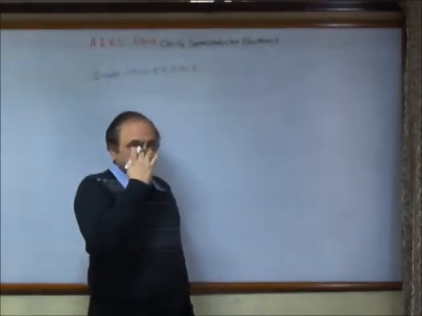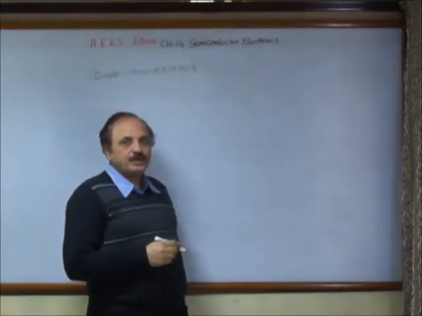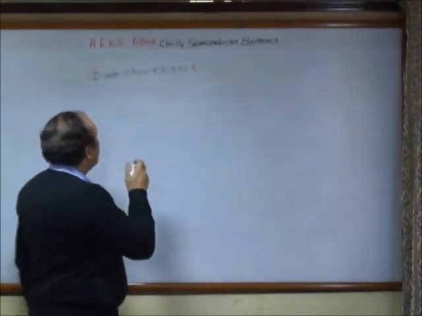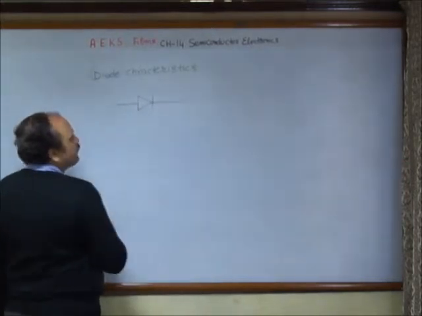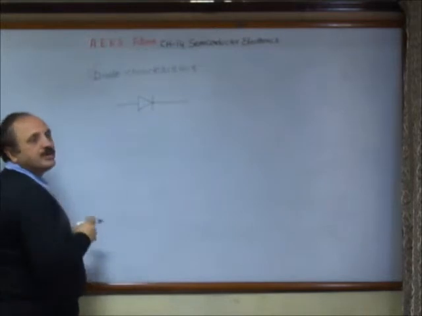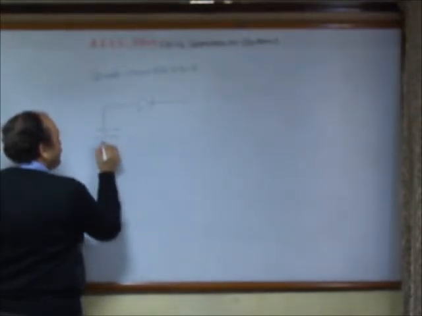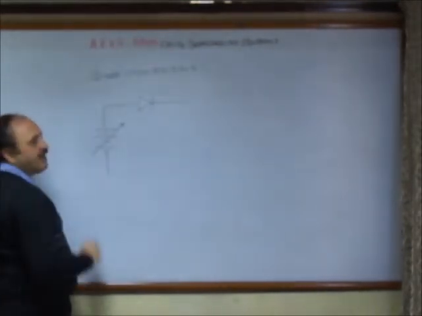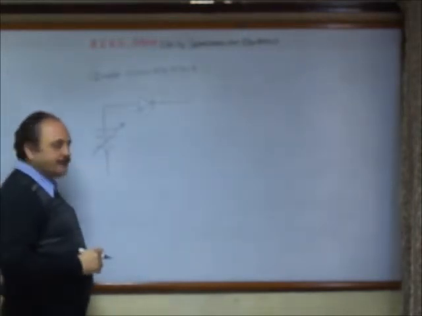Students, now we are going to learn the diode characteristics. To draw these characteristics, we have to make a circuit taking a diode. We have to connect it to a power supply where we can change the voltage. This arrow means that we have an arrangement where we can change the voltage as well as the polarity.